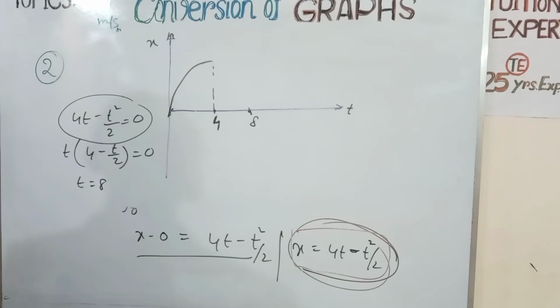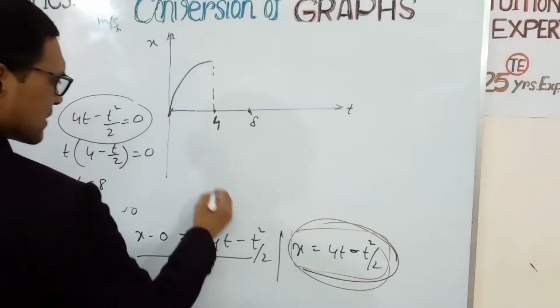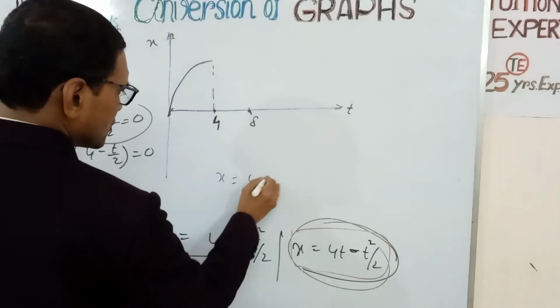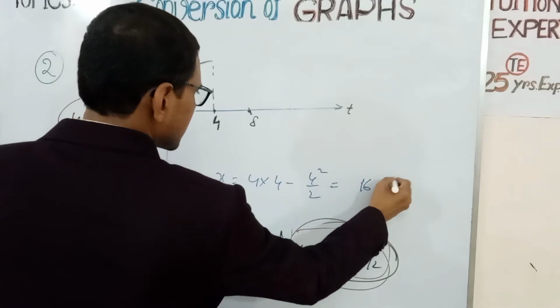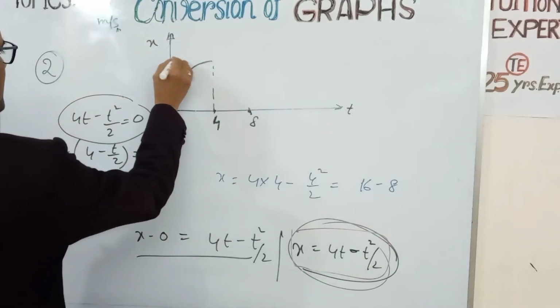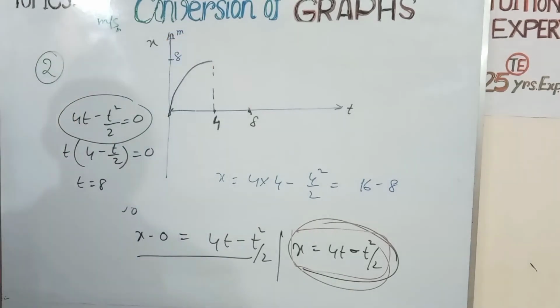Now at t equal to 4, what is the distance traveled? x equal to 4 into 4 minus 4 square by 2, that is 16 minus 8, that is 8. So when t equal to 4, x equal to 8. So this is the xt graph.